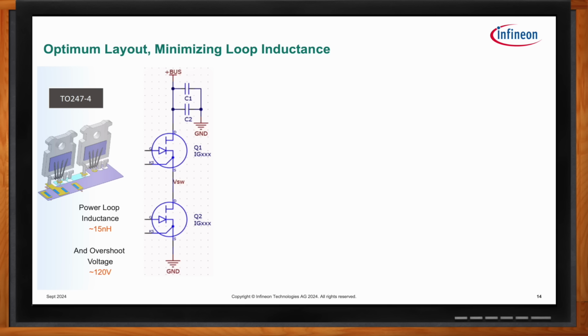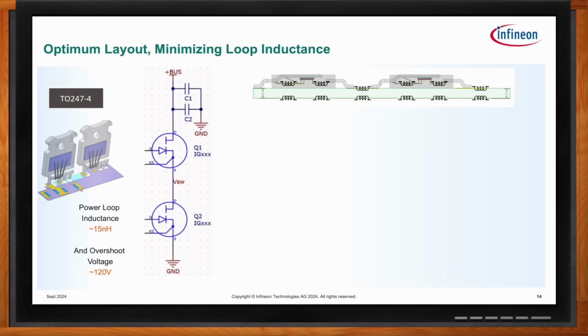Now, instead of through-hole devices, if we construct this half bridge using surface mount devices, an optimized layout where the discrete parasitic elements have an opportunity to mutually couple provides an opportunity to reduce the overall loop inductance.